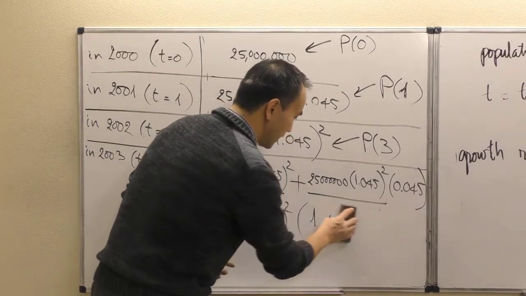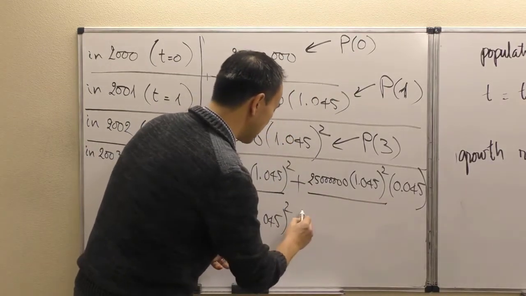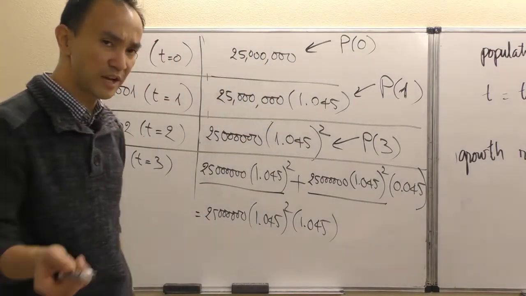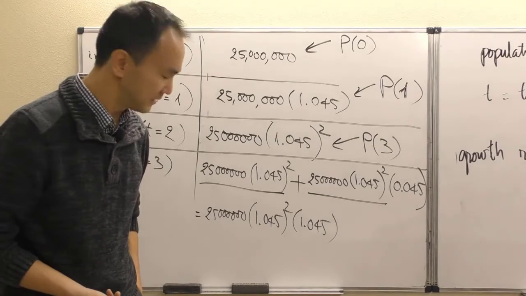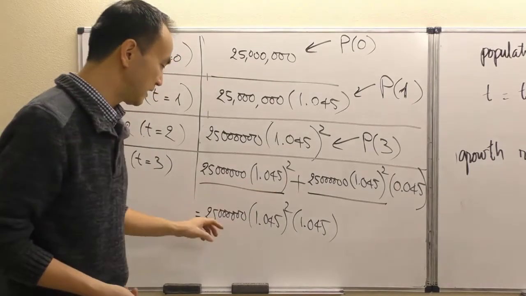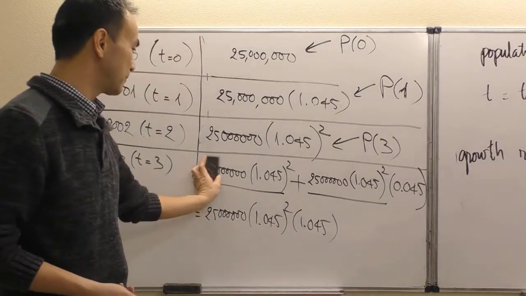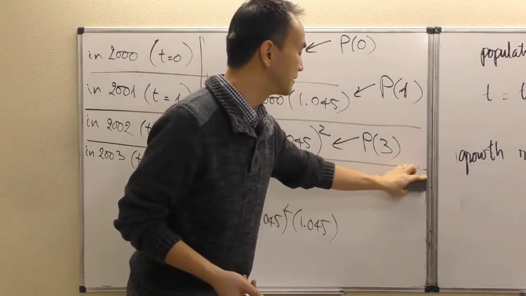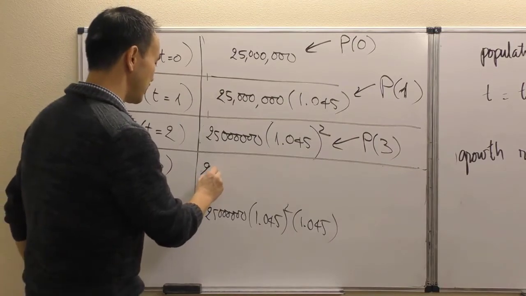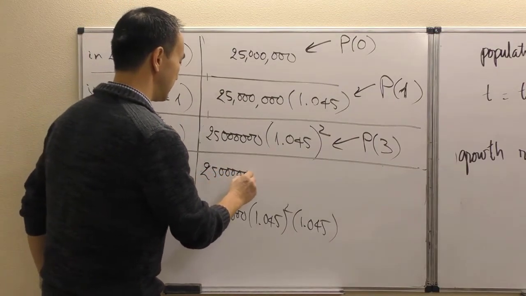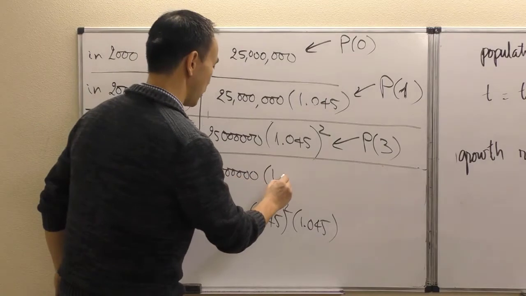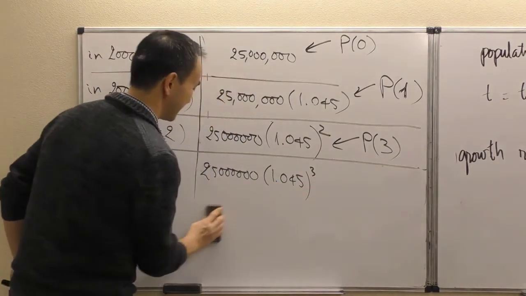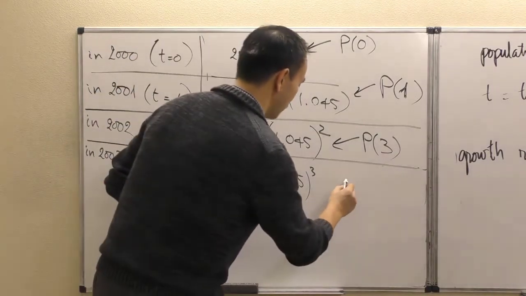So it's another 1.045. So altogether, allow me to erase one more step right here. 25 millions times 1.045 cubed.